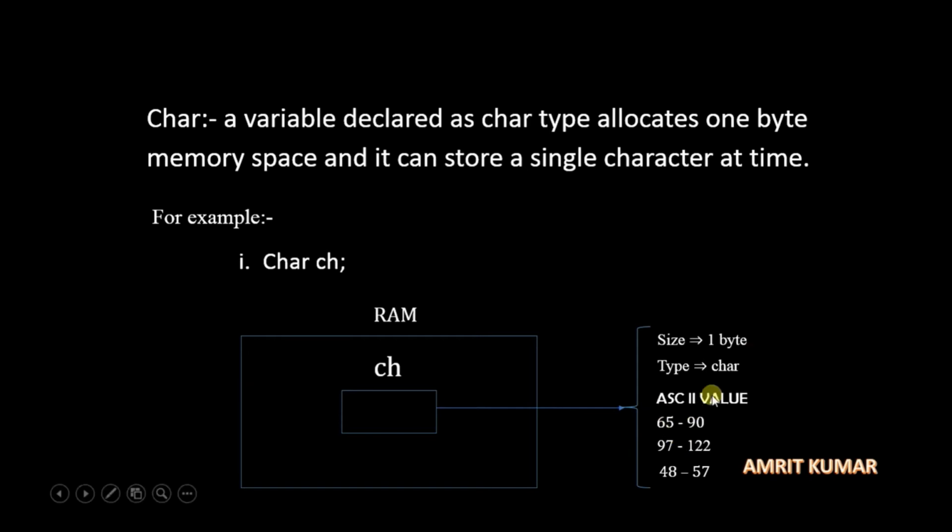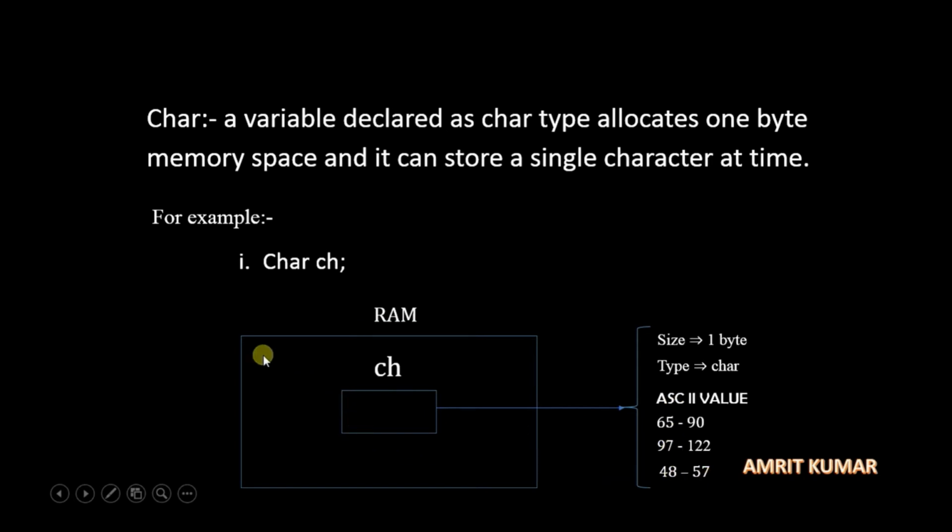In the previous video we have seen the ASCII value and the ASCII properties. So we conclude that from capital A to capital Z, small a to small z, and from 48 to 57, means from 0 to 9, these are all the ASCII values.